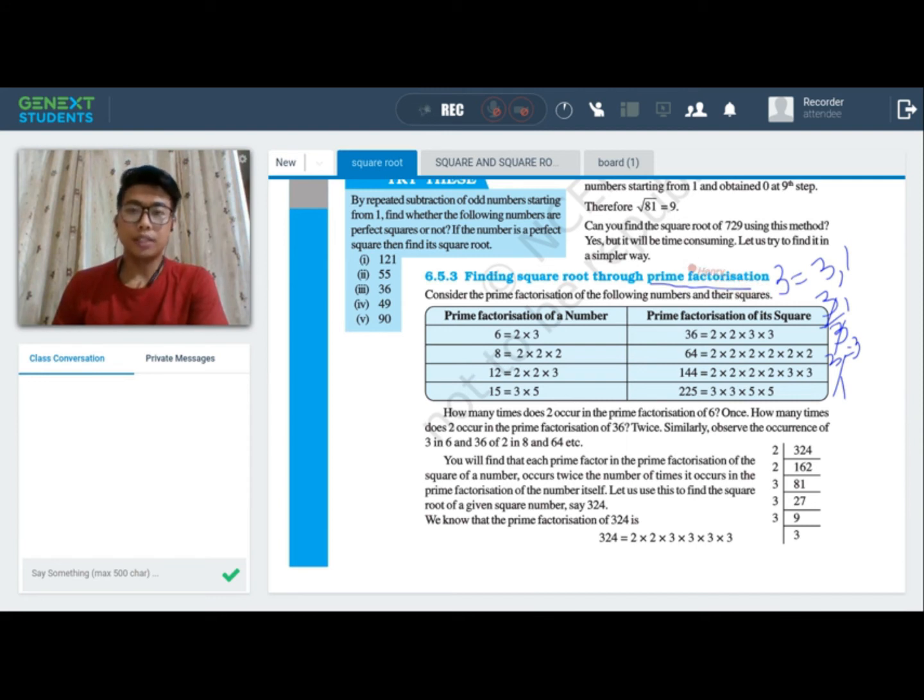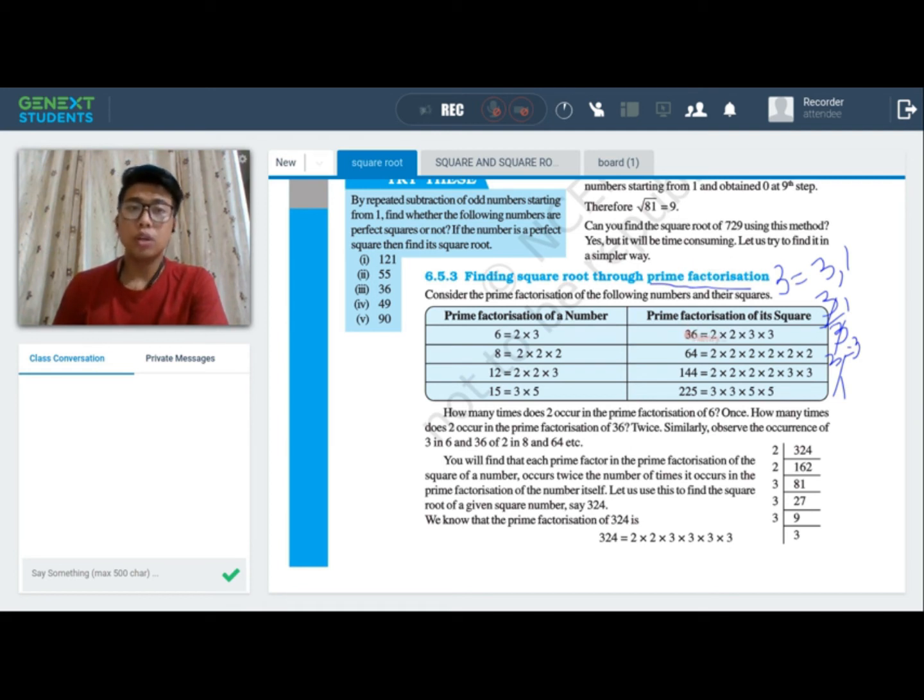Okay, so moving on, we have prime factorization. So what is factorization? Factorization says that any given number can be expressed in terms of factors of prime numbers. For example, if you take 36, 36 can be expressed as 6 into 6. But is 6 a prime number? No, because it has more than 2 factors.